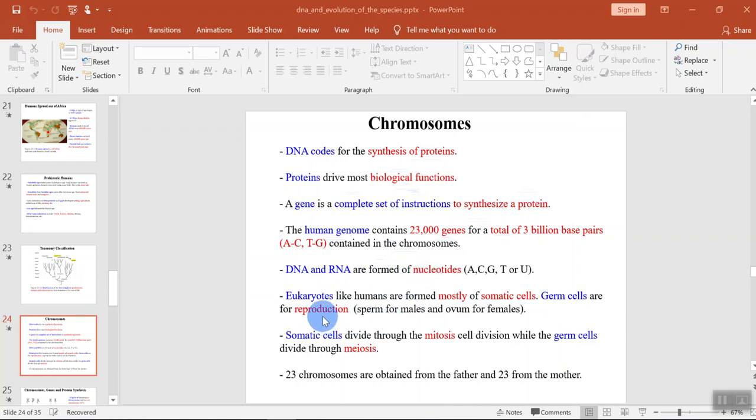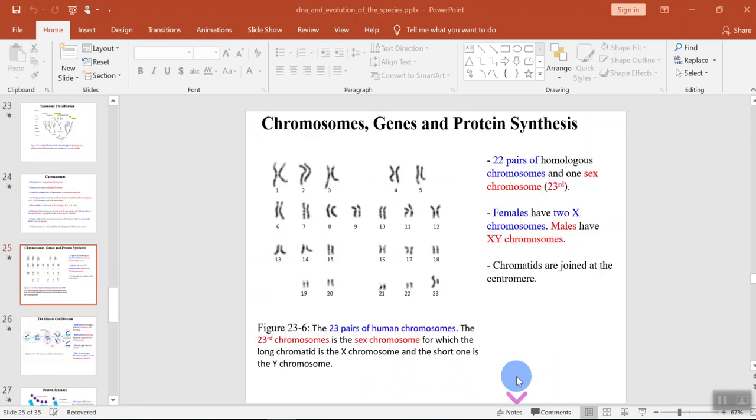And we said eukaryotes, like humans or animals, are formed mostly of somatic cells. They also contain germ cells, which are for reproduction, like the sperm for males and the eggs for females. Somatic cells divide through mitosis, cell division, while the germ cells divide through meiosis. There are 23 chromosomes obtained from the father, 23 from the mother.